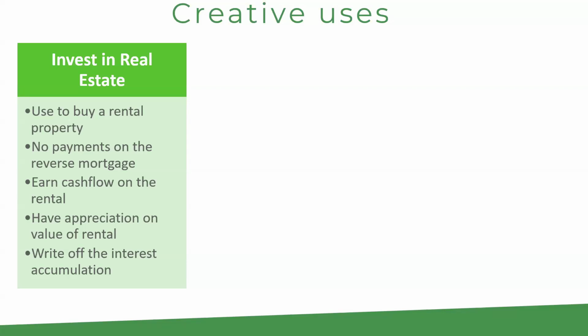So what's happening is you're collecting an income, and you're still able to write off the interest cost that is accumulating that you're not paying, and still be able to deduct that on your tax returns. So it's a nice way of not creating a large tax liability for yourself, even though you're creating an income, because you get to write off the interest portion, even though you're not paying it, which is really cool.